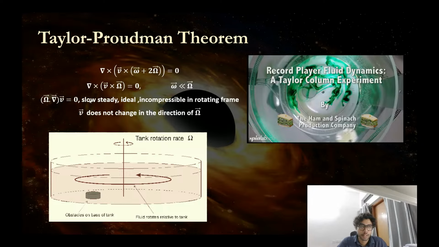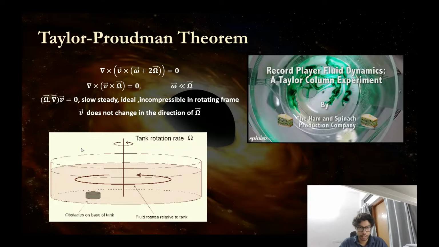These are the assumptions: slow, steady because ∂/∂t is 0, ideal because we neglected the viscosity, incompressible because we took the assumption del dot v equals 0, and rotating frame, of course. The consequence of this equation is that it just says that v does not change in the direction of omega. What does that mean? We will see that in an experiment.